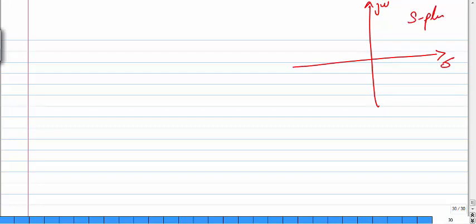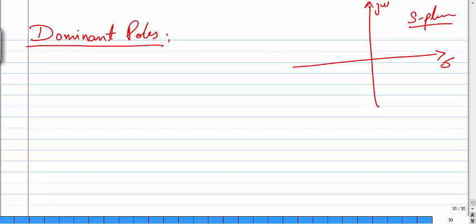For a stable system we defined the concept of dominant poles. So what are dominant poles?